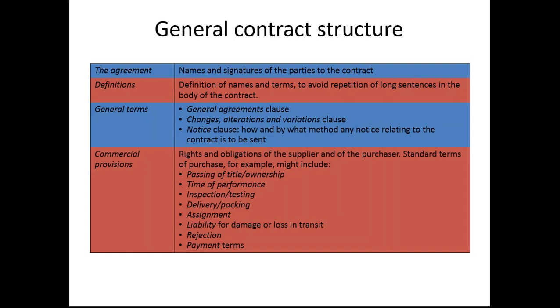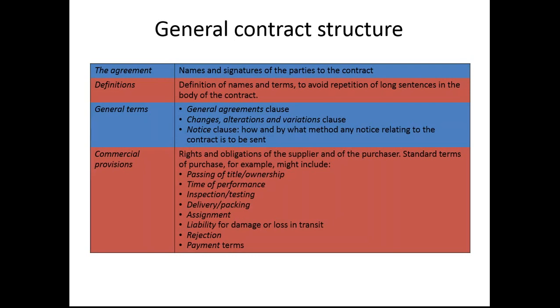Then it will outlay all the general terms, the general agreement clauses. It will outline basically under what law the contract is written, how variations may be used, and please, a variation clause is not an amended clause. It's not the same thing. Variation clauses do not do that. Notice clauses, what you need to do related to contract, etc. And then all the general commercial provisions.